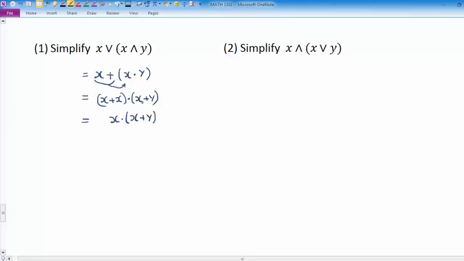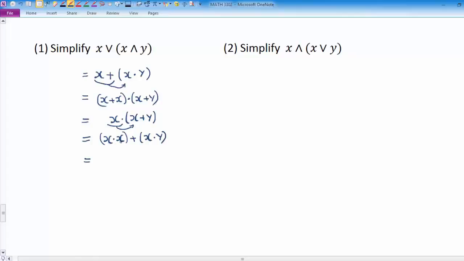Look how interesting this is. We converted that expression into this one. Now let's distribute again. This time it's x times and into x plus y. X times x plus x times y.